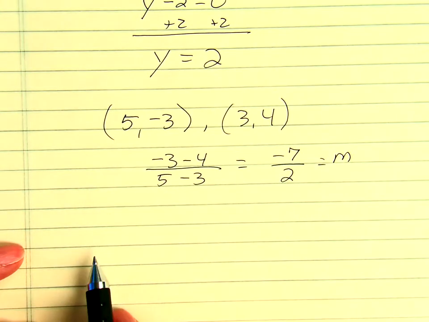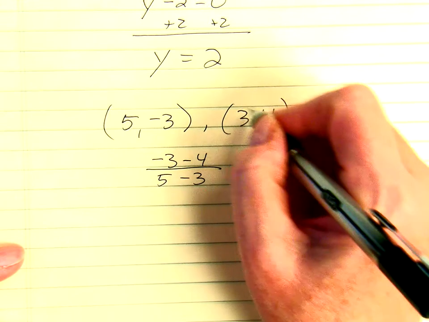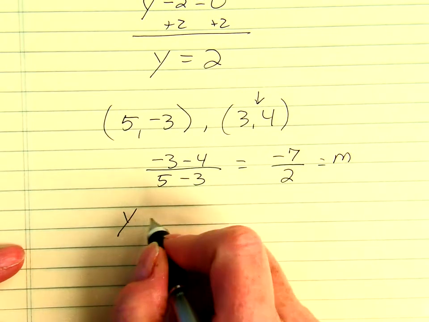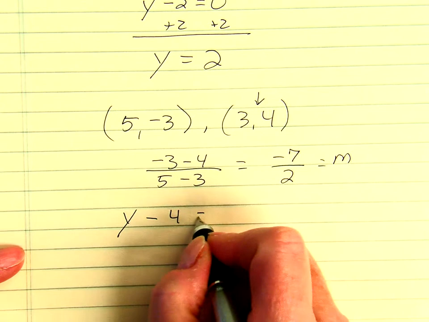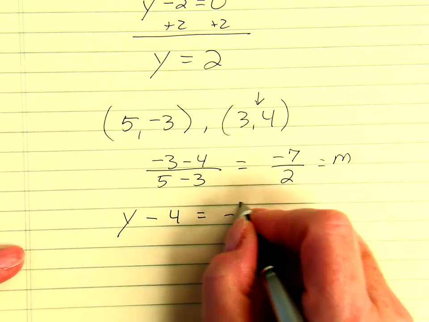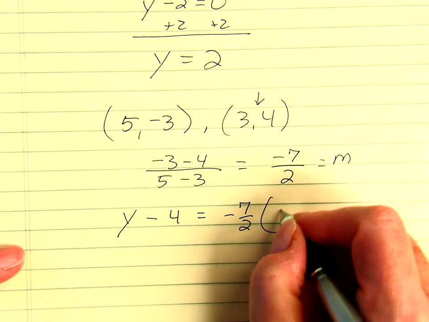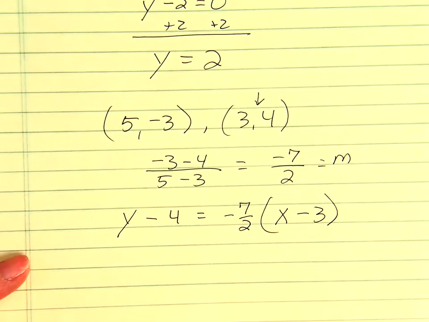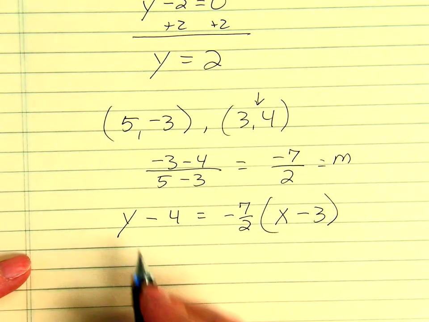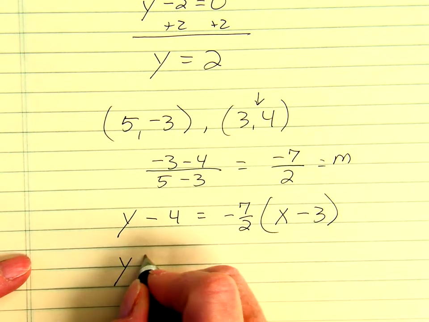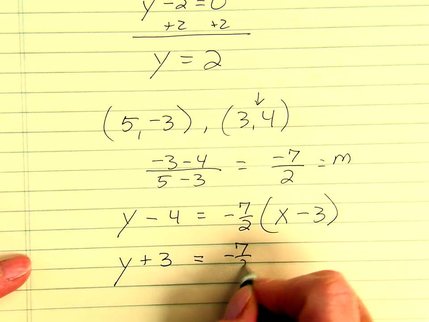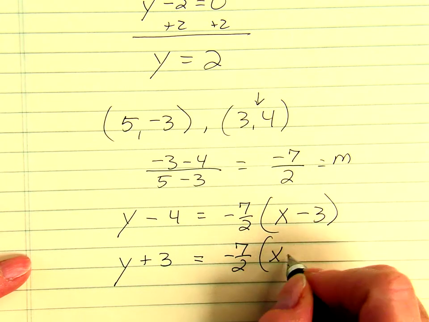I'm going to use this point this time, and I'm going to say y minus 4 is equal to my slope, -7 over 2, x minus 3. I could have also said, using the other point, y plus 3 equals -7 over 2, x minus 5.